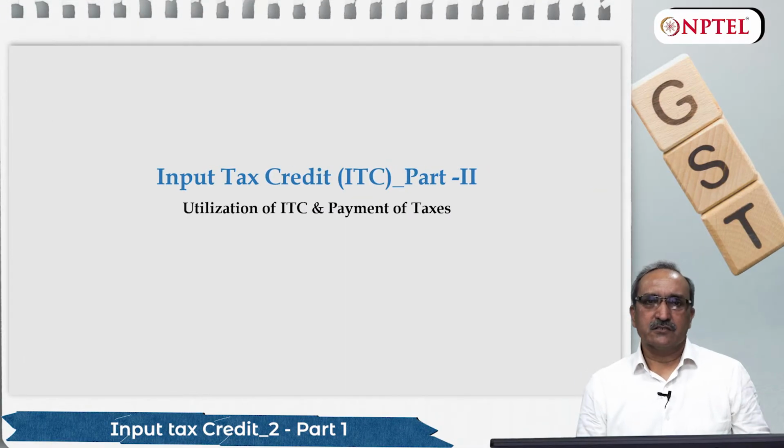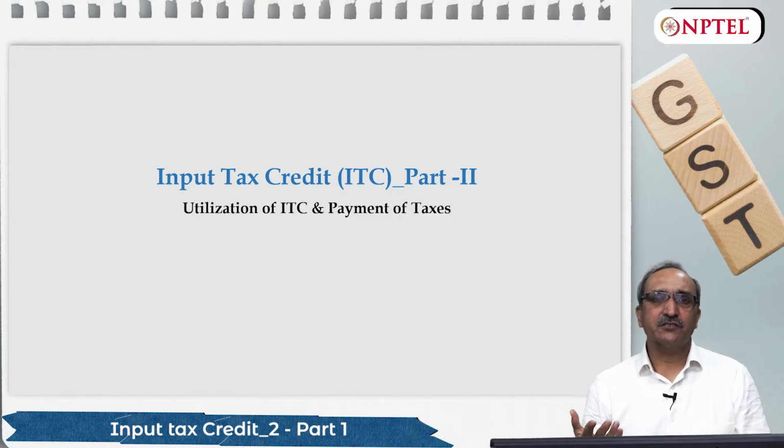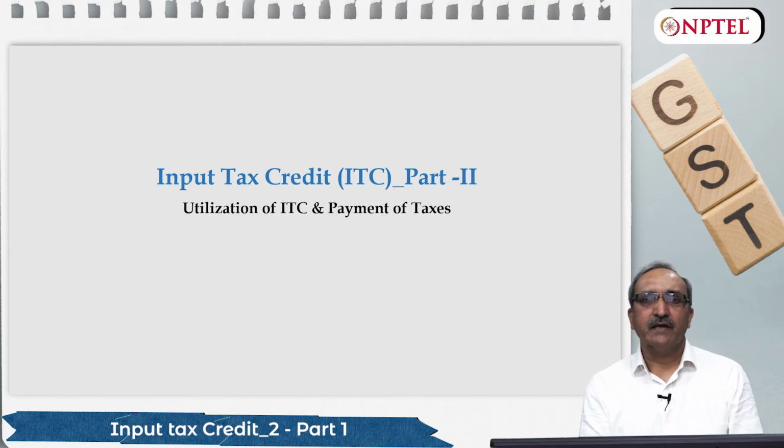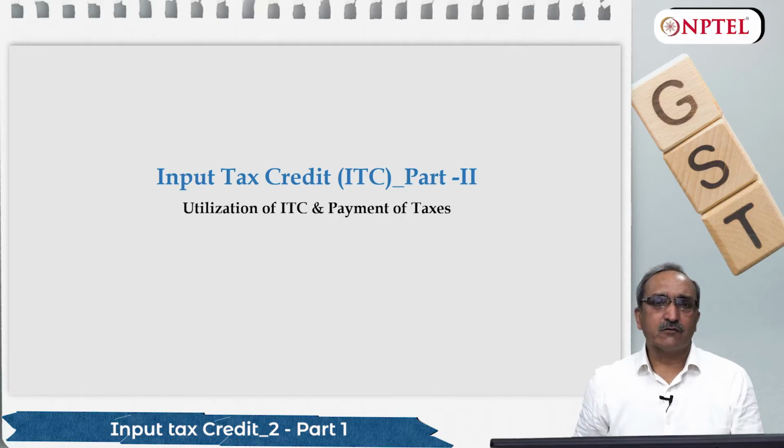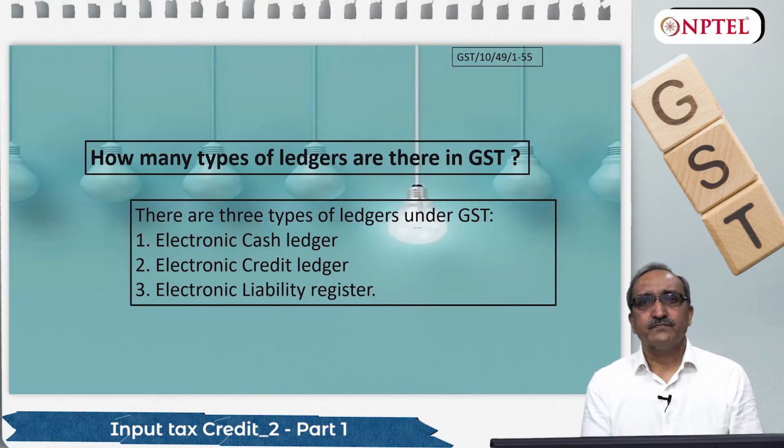It's a foolproof mechanism showing how much ITC I have in my account for various procurements I did in the past, how much sale I have done and how much is my tax liability that I need to pay. If there is a gap between tax payable and the ITC I have, it should be paid by cash through a proper mechanism given in GST law. We'll see in today's presentation how things move.